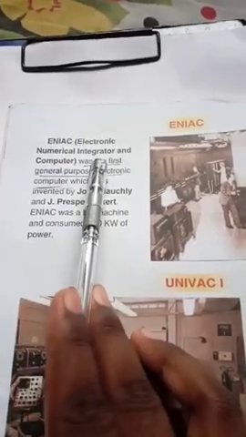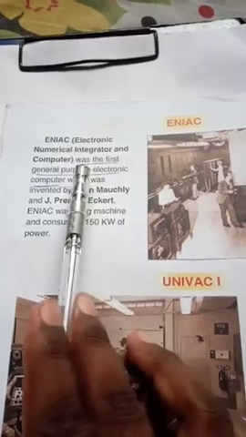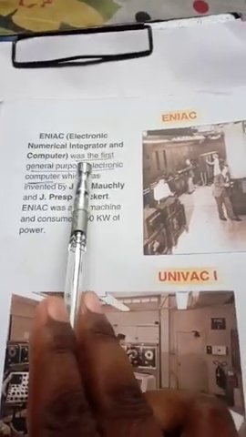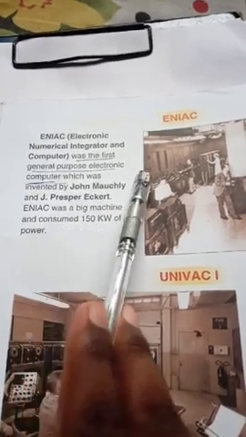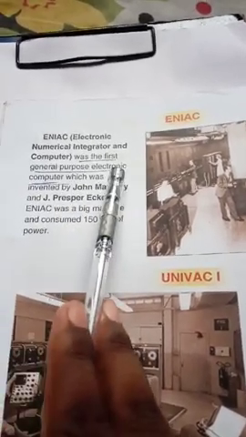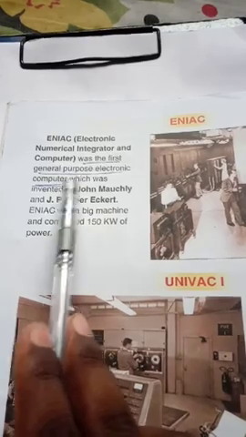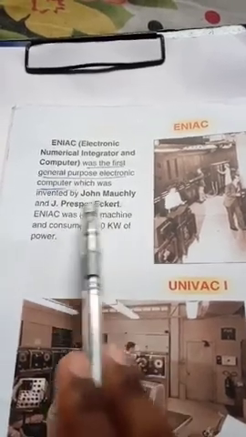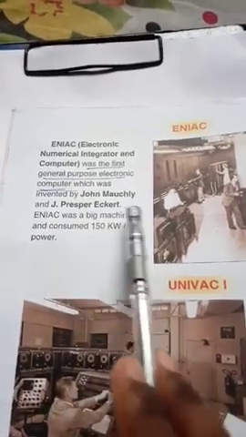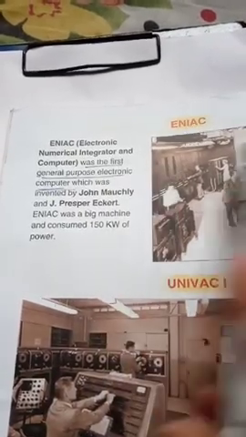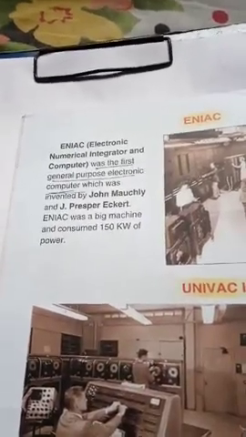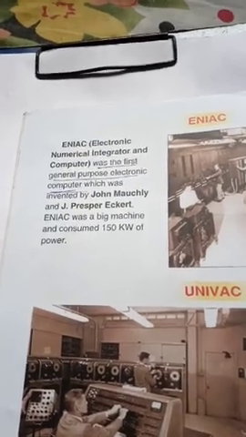Electronic Numerical Integrator and Computer was the first general purpose electronic computer, and the analytical engine was the first general purpose mechanical computer. Okay, this is an electronic computer and the analytical engine was a mechanical computer.